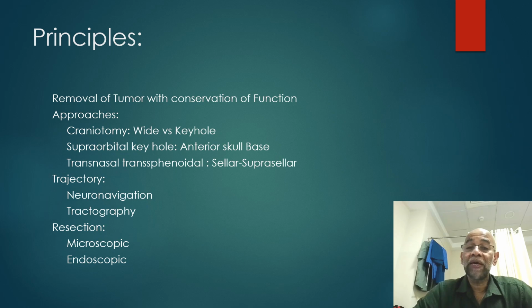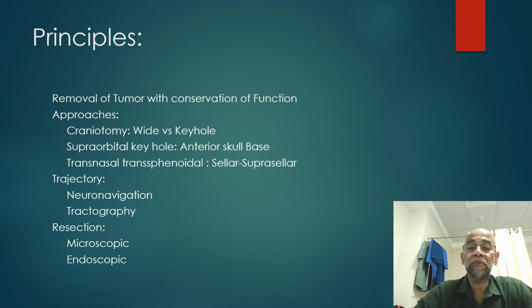The craniotomy may be a wide craniotomy or it may be a keyhole craniotomy. Sometimes people say in advertising that no craniotomy is required and a tumor can be removed through a keyhole. This is a misrepresentation of fact because the degree of bone removal depends upon the kind and the location of the tumor.